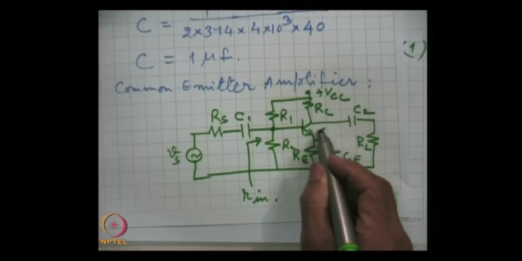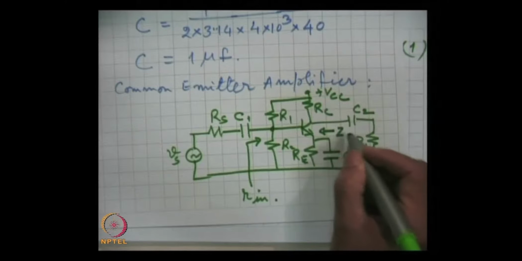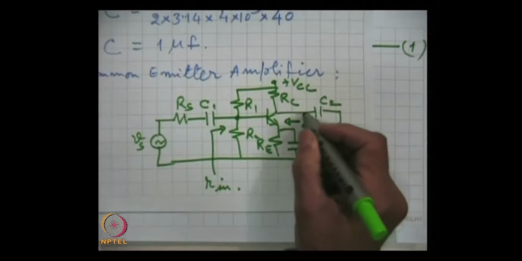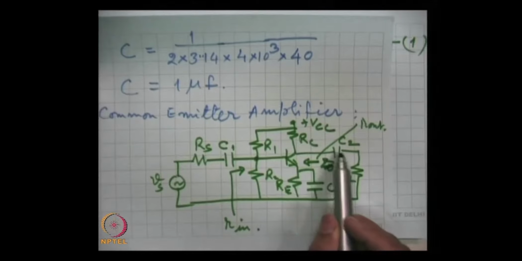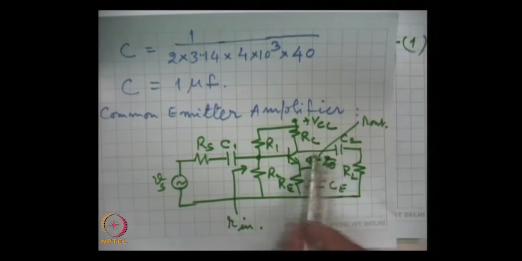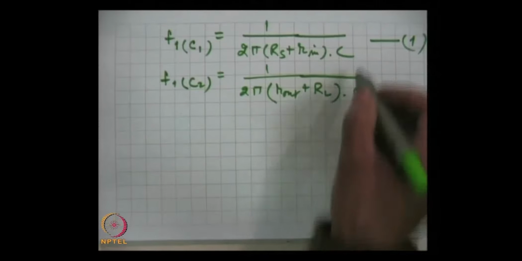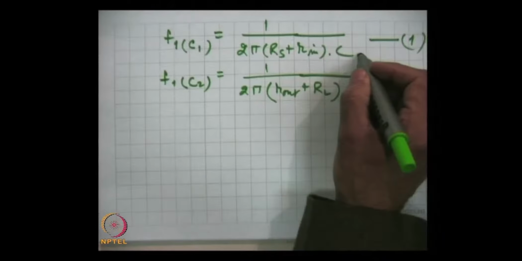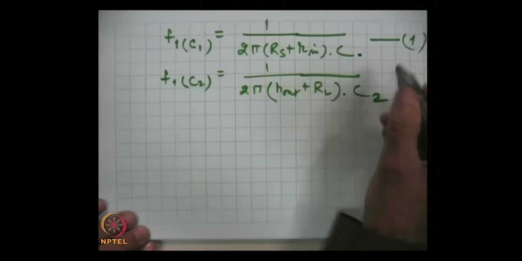This is as seen here, Z out, R out, and this capacitor C2 couples the signal to the load. So, that capacitance C2 will come. This is the second cutoff.